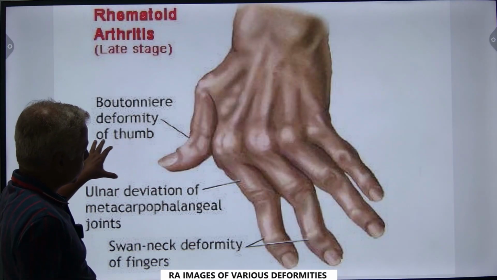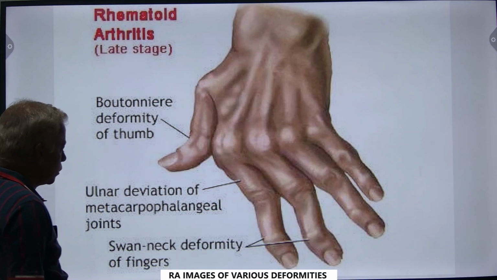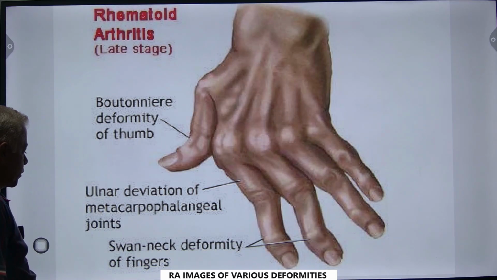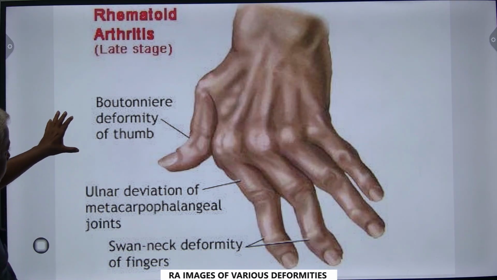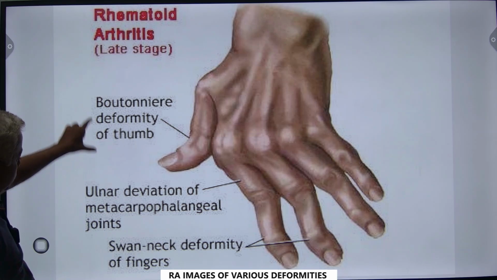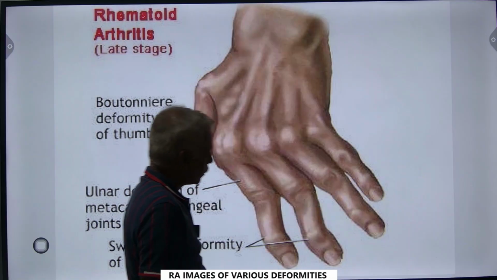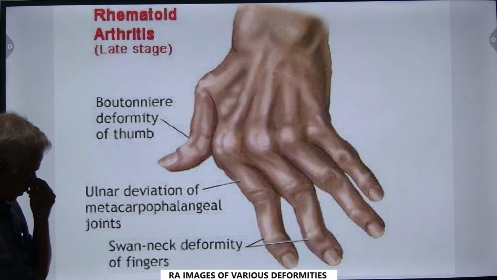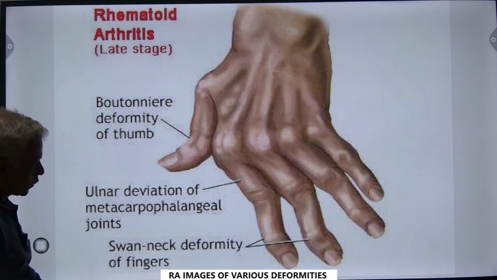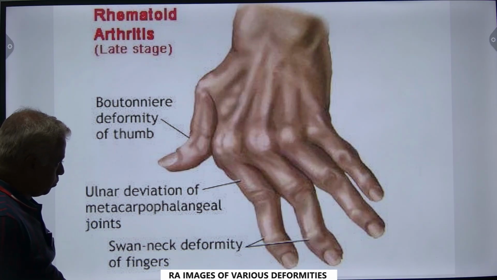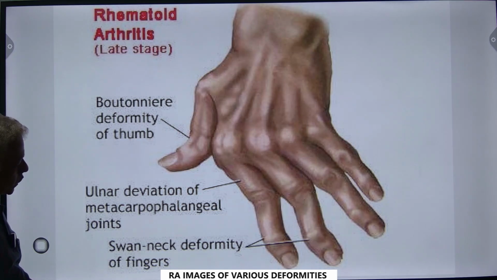In this image you can see all the deformities which I have described. So here we have a swan neck deformity. First of all, you can see these fingers are showing swan neck deformity, that is, there is a hyperextension at the proximal interphalangeal joint and a flexion at the distal interphalangeal joint.